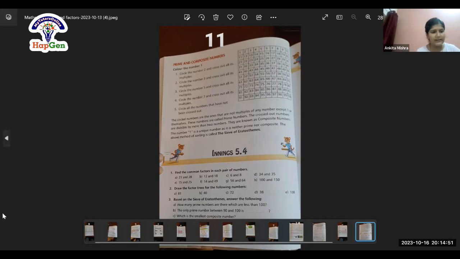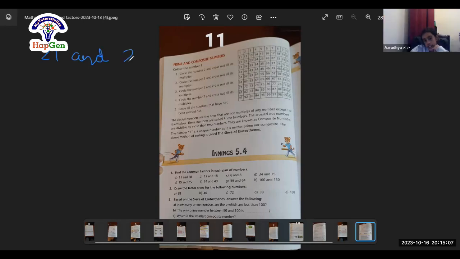The first one is 21 and 28. I hope it is visible.